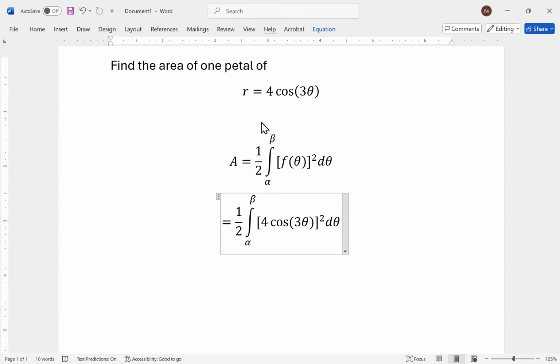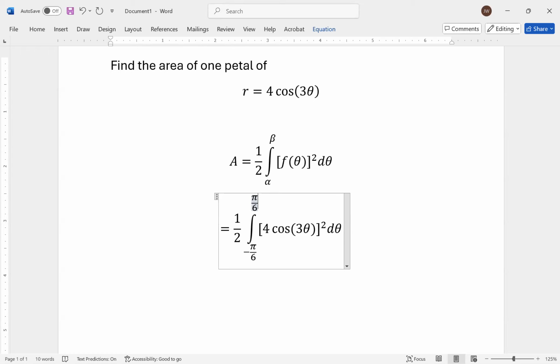So it's possible to use tracing the angle and seeing that, for instance, if we integrate from negative pi over 6 to a positive pi over 6, that will trace out that right-hand loop.